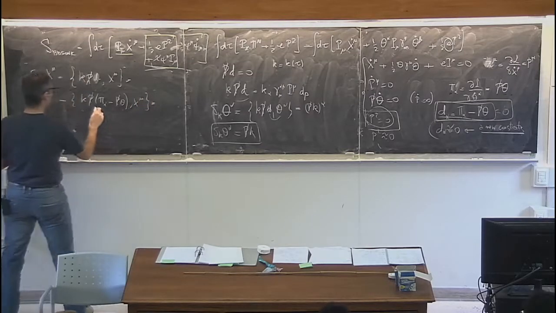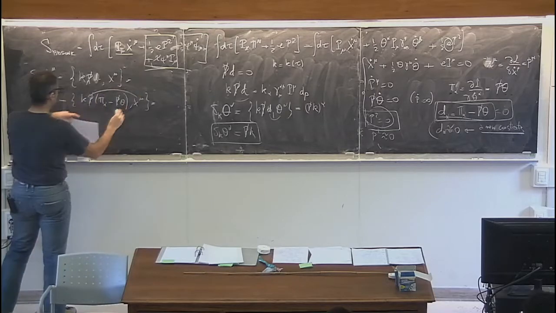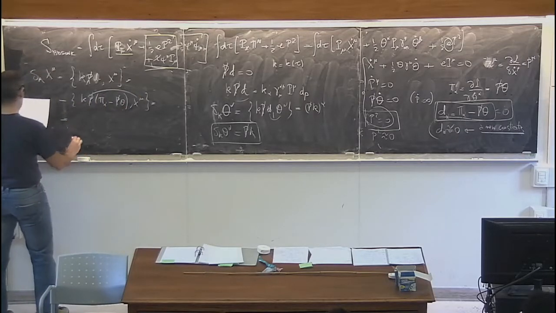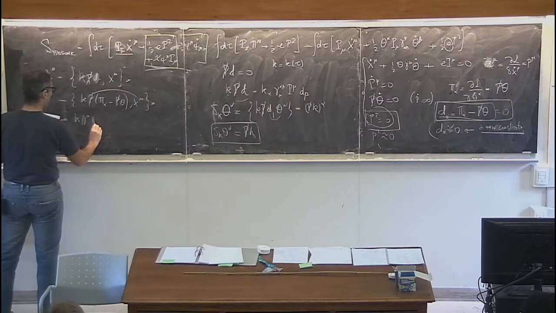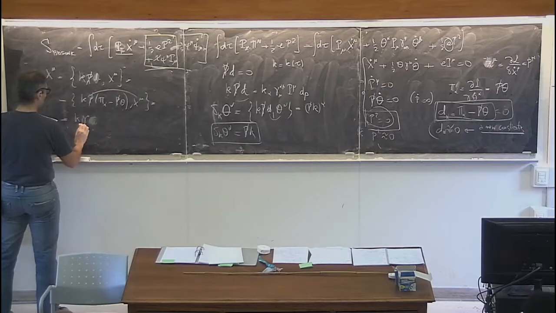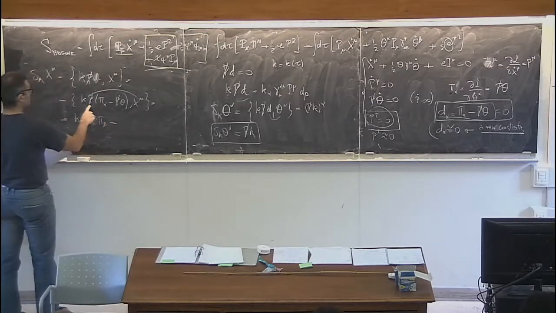So I have two terms. One term is coming from here because I can have this contraction with this, which gives you kappa gamma mu alpha beta pi beta. And the other term is coming from here.